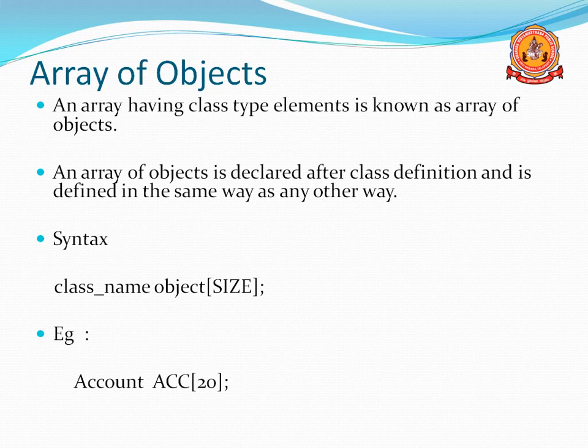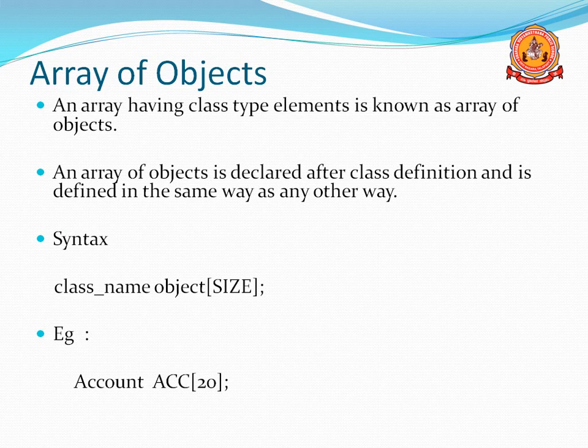Next, array of objects. An array having class type elements is known as array of objects. Normally we can create arrays, int a of 5, int m of 5, that is an integer array. Like that we can create class type arrays. It is also possible to declare a class type array, that is known as array of objects.